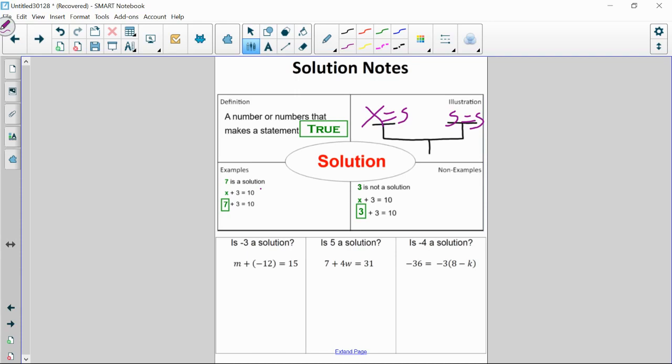Our non-example is where 3 is not a solution. Using the same x plus 3 equals 10, we replace our variable x with 3, then 3 plus 3 is 6, which is false. That means 6 does not equal 10, as we have learned. So we're going to do 3 examples in your notes.